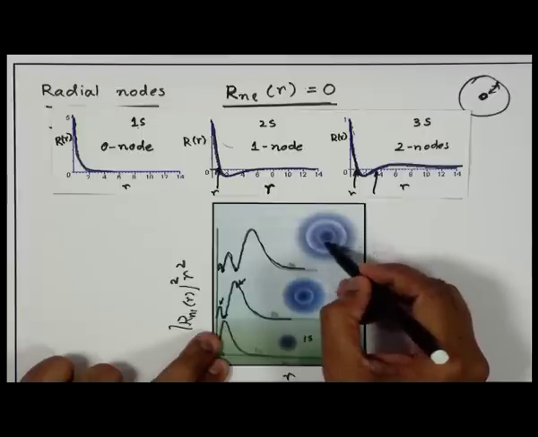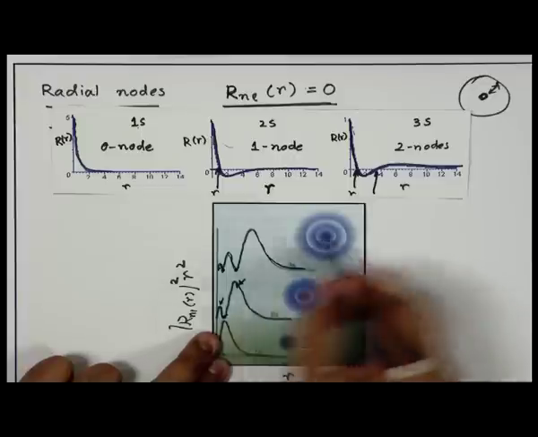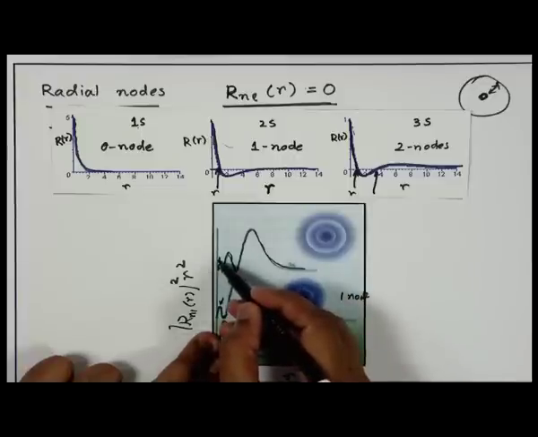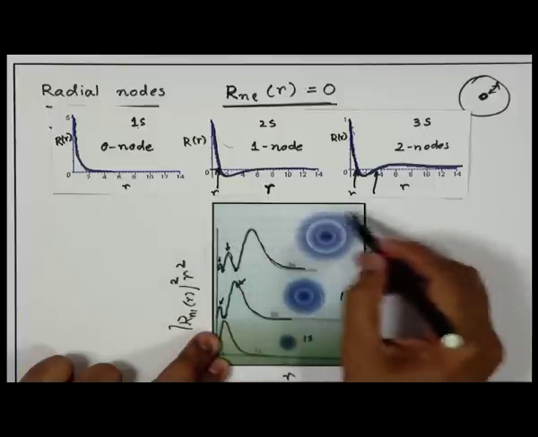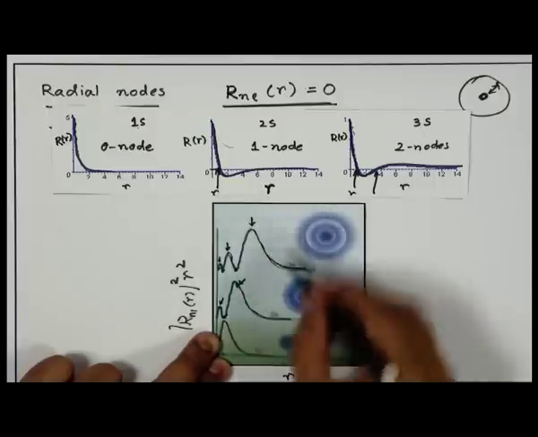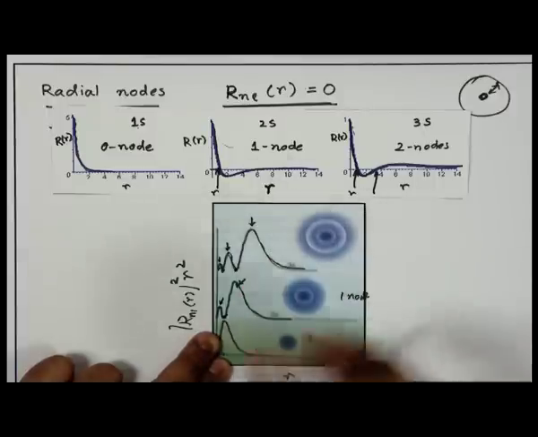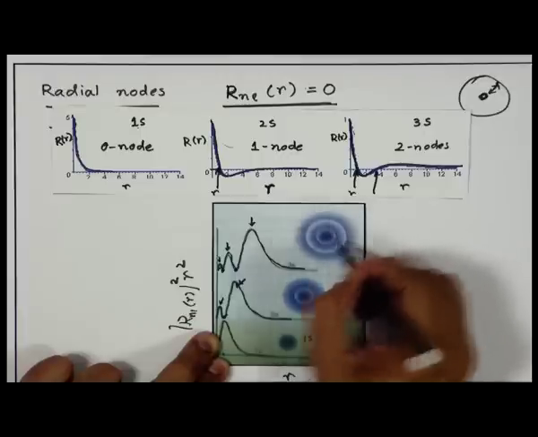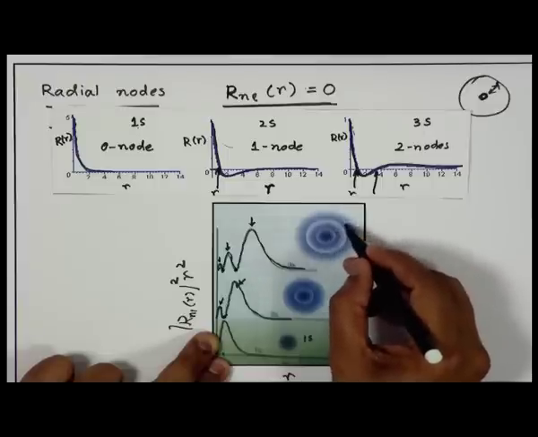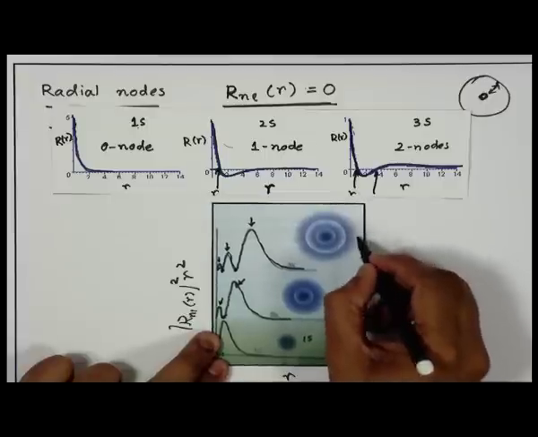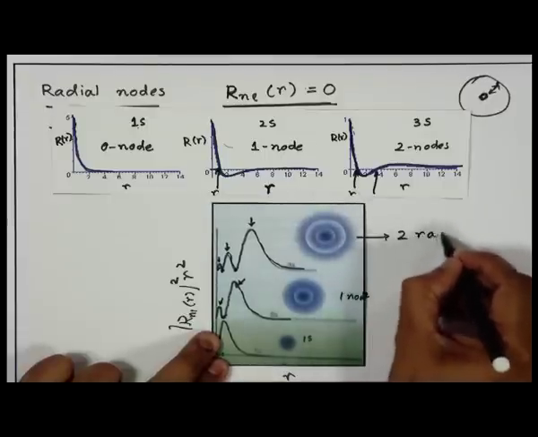So, the inside sphere is due to this, the next sphere is due to this, and the last sphere is due to this. So, there are 3 concentric spheres, each separated by a region of space where the electron is not found. So, in this case you can see there are 2 regions of space where there are radial nodes, and therefore, there are 2 radial nodes.